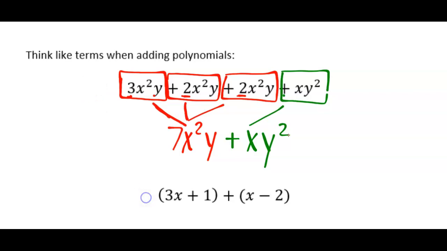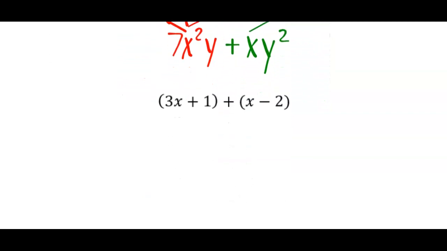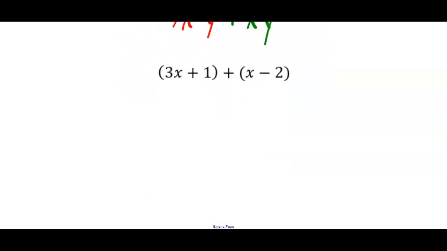Look at this one down here, 3x plus 1 plus x minus 2. What's the same? Well, let's see. I've got a 3x and I've got an x, okay? I'm going to add these together so I can do my 3x and my x, and I will get 4x because there's an imaginary 1 in front of that.